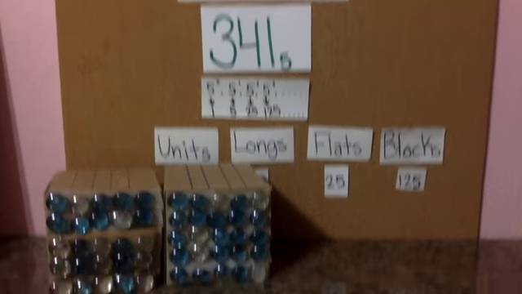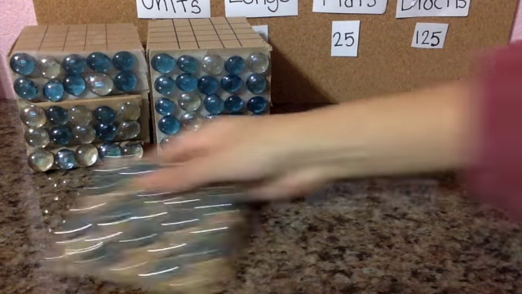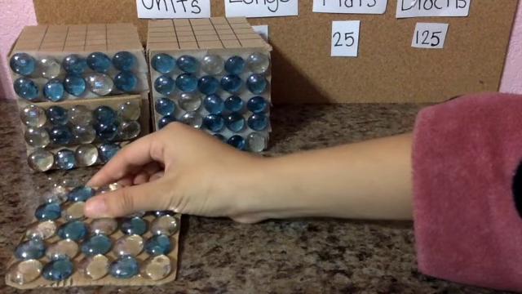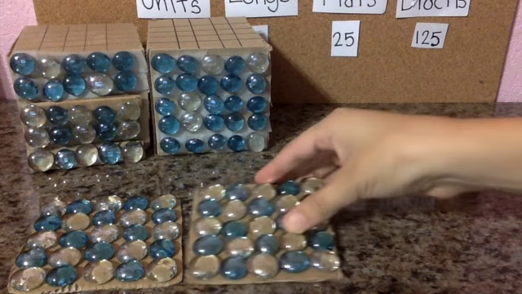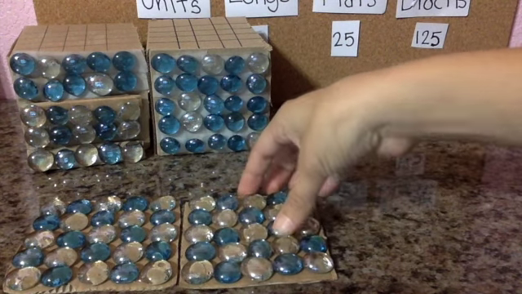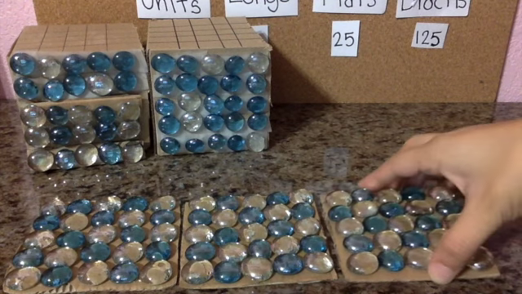To start off with, we're going to start with 2 blocks, each of 125, making 250. Now, we're going to add 1 flat to make 275, a second flat to make 300, and a third flat to make 325.